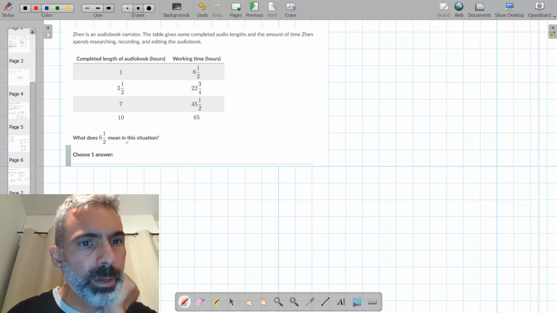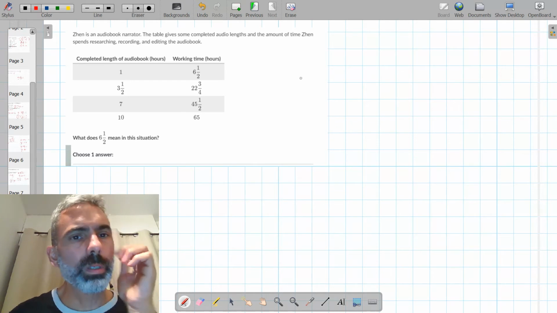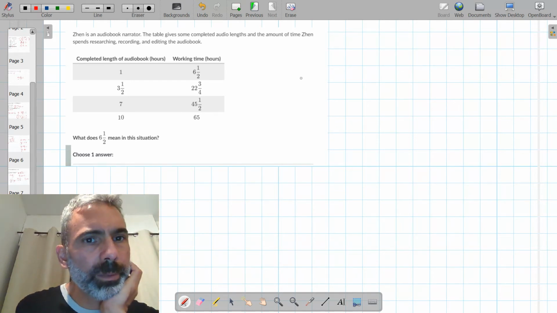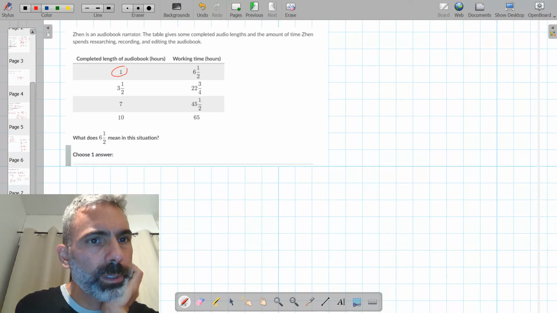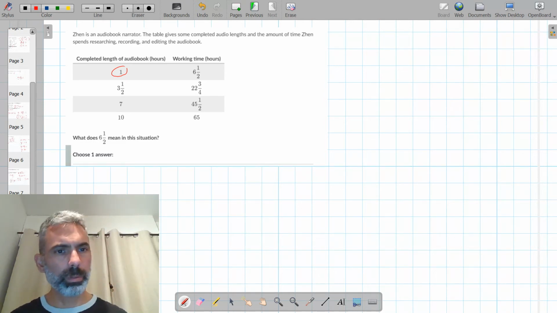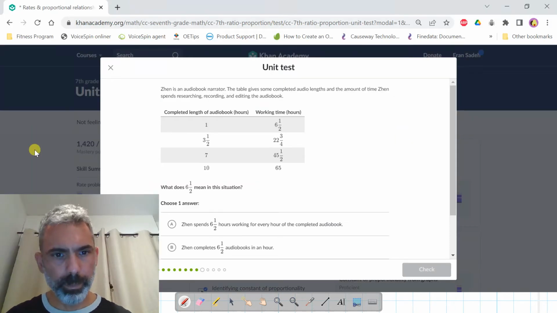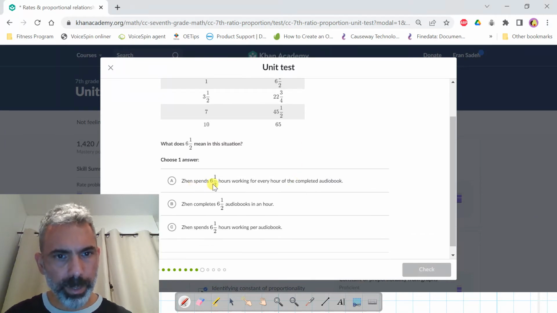What does 6.5 mean in this situation? It means total working time Zen needs to spend for every completed 1 hour length of audiobook. Zen spends 6.5 hours working for every hour of the completed audiobook.